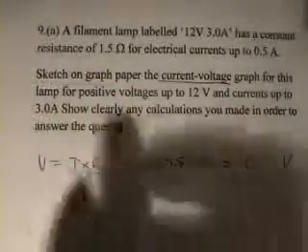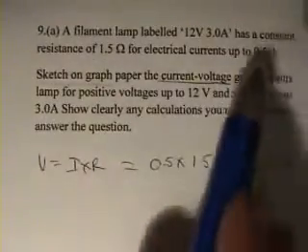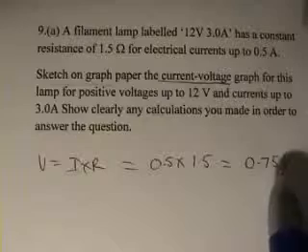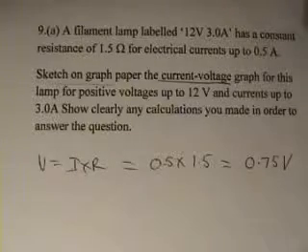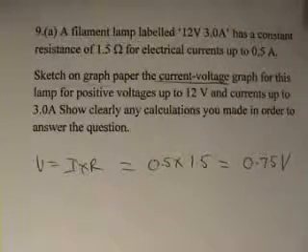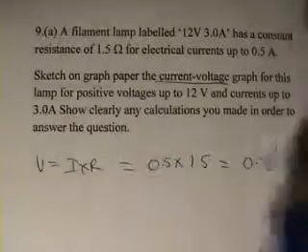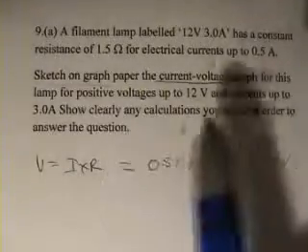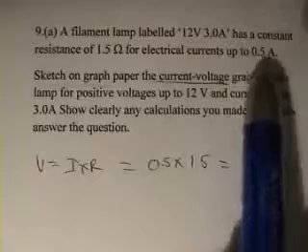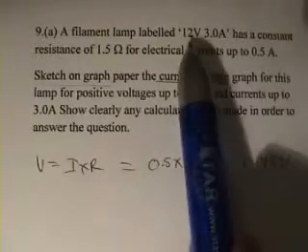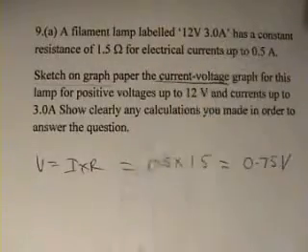So our graph has got to pass through the point that's got a current of 0.5 amps and a voltage of 0.75 volts. It also passes through 0, 0, and once we've gone past 0.5 amps, it's no longer a straight line, but it's got to reach this point, 12 volts, 3 amps.